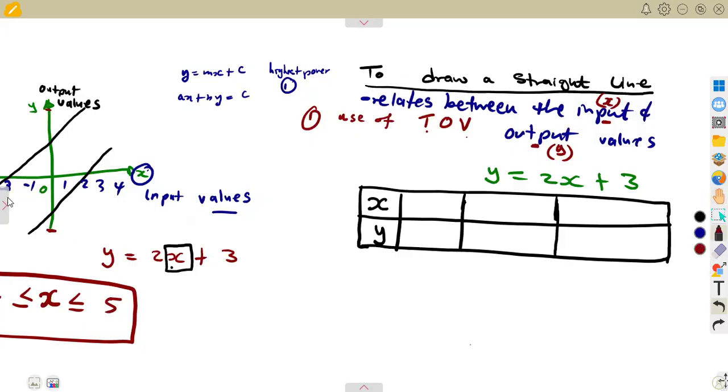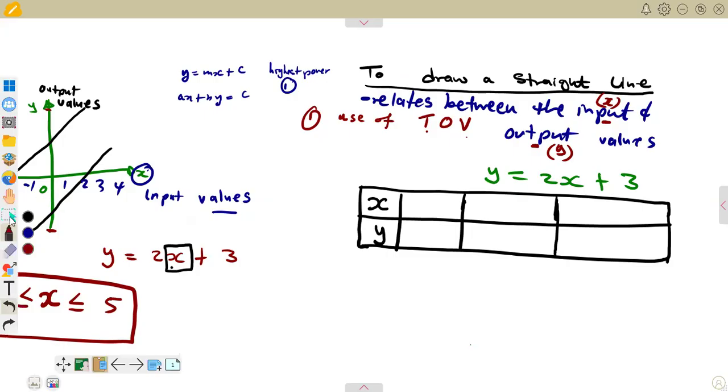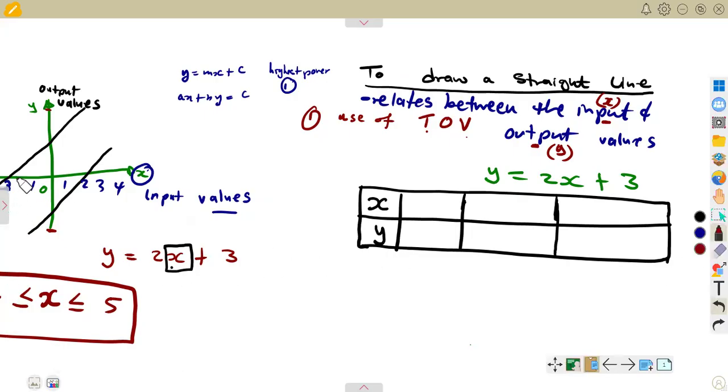Let's say I pick -2, 0, 2. You're just separating your points. You can pick -1, 1, 3.